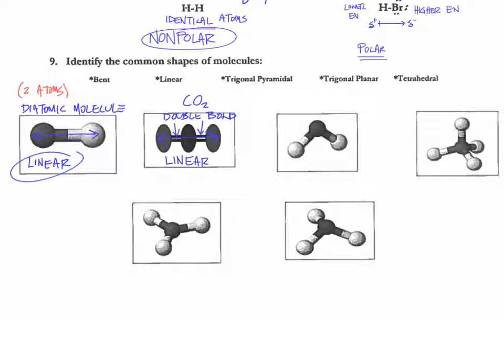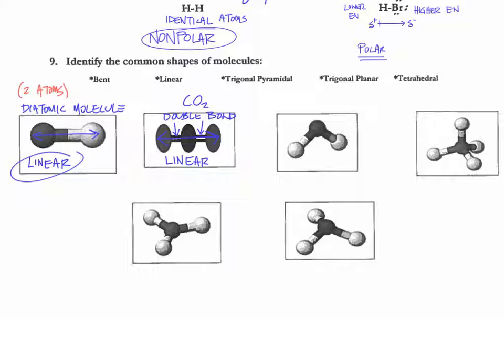Another one that we should be familiar with is this one right here, where we've got a center atom and then two attached atoms to the center. Now these are not in a straight line. These follow a bent pathway. So they are bent.